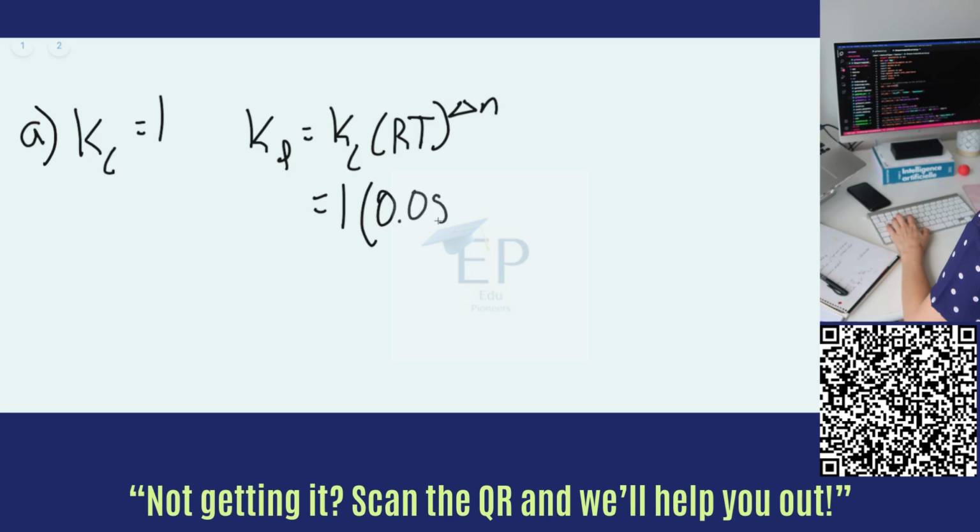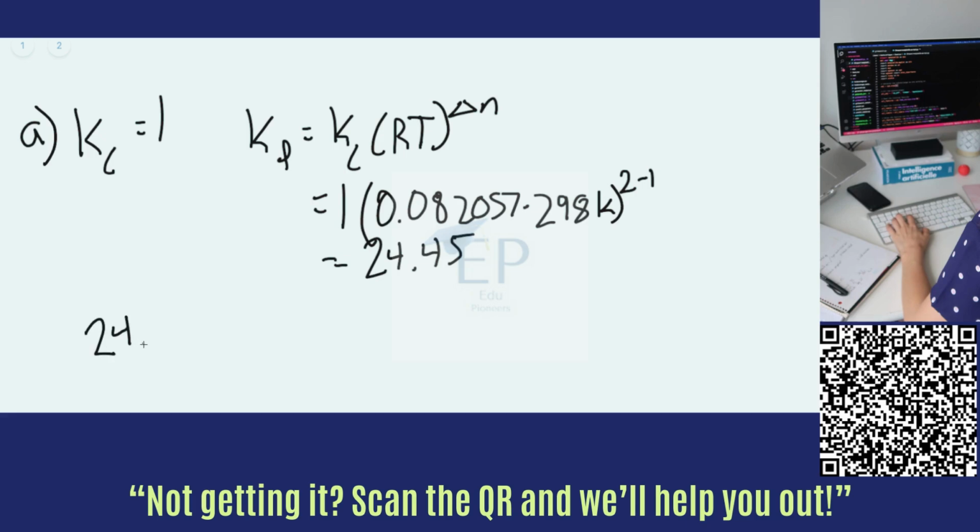We're told to make any assumptions that we need to make, so we're assuming that R value is 0.082057 and 298 Kelvin, and then the delta n is 2 minus 1, or 1. And so when we do this, we get 24.45.